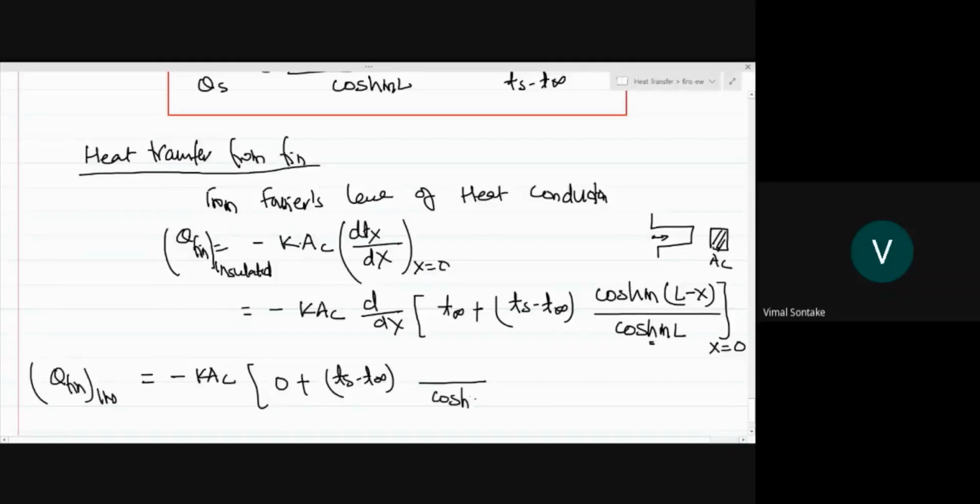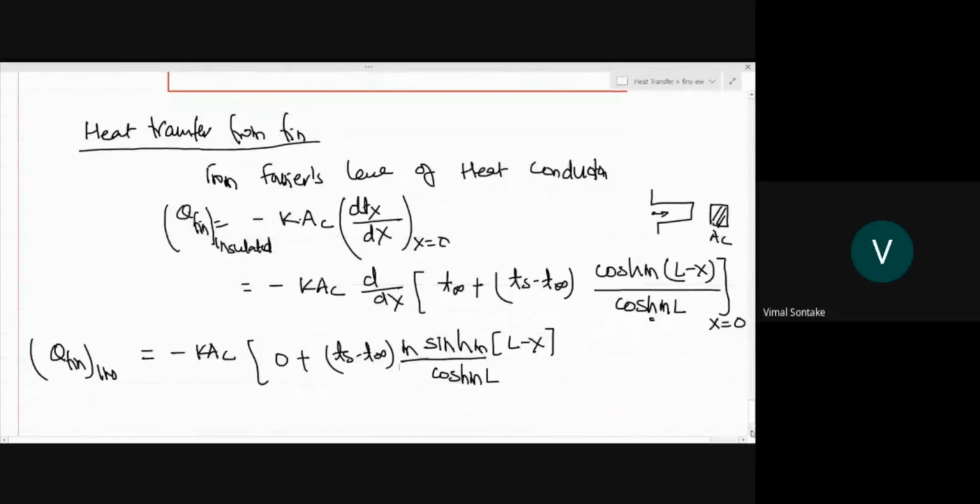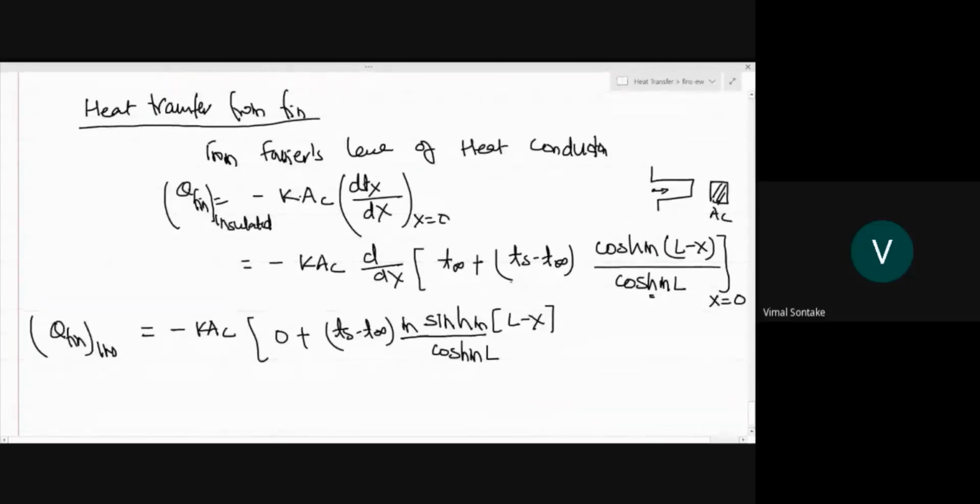So we cannot differentiate it, and differentiation of cos hyperbolic m L minus x will be sine hyperbolic m L minus x, and this constant m will also come out. And in this entire expression, we are supposed to put x equal to 0.